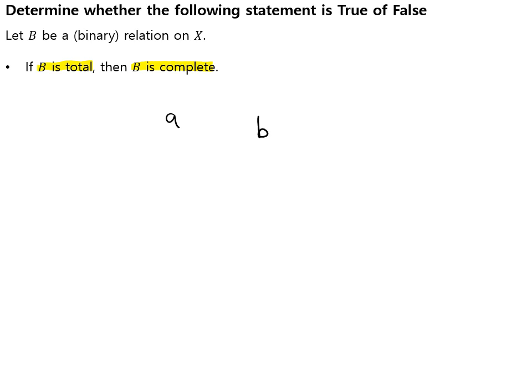Let's look at a three element example to give a different example. So consider a relation that goes something like that. Okay, so we can see here that the relation is total, right?